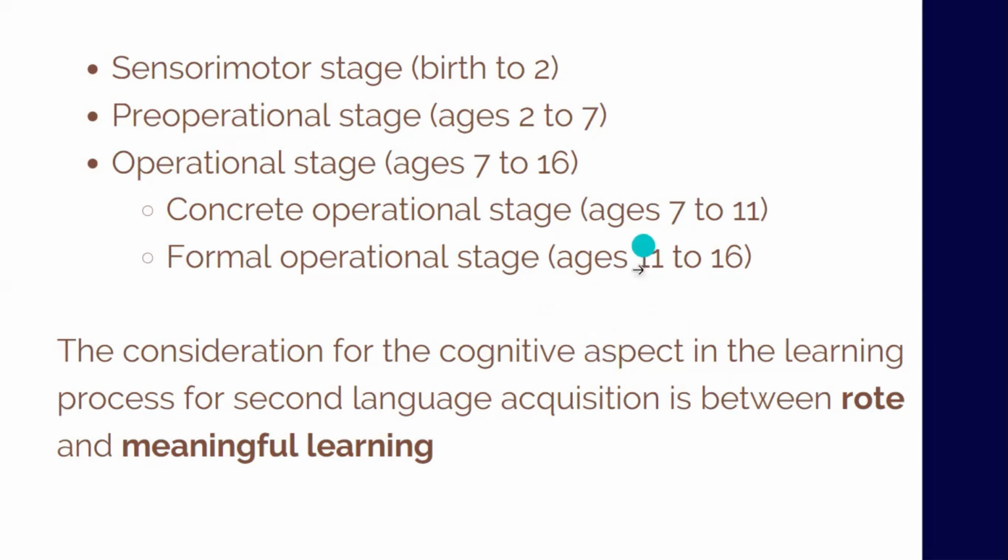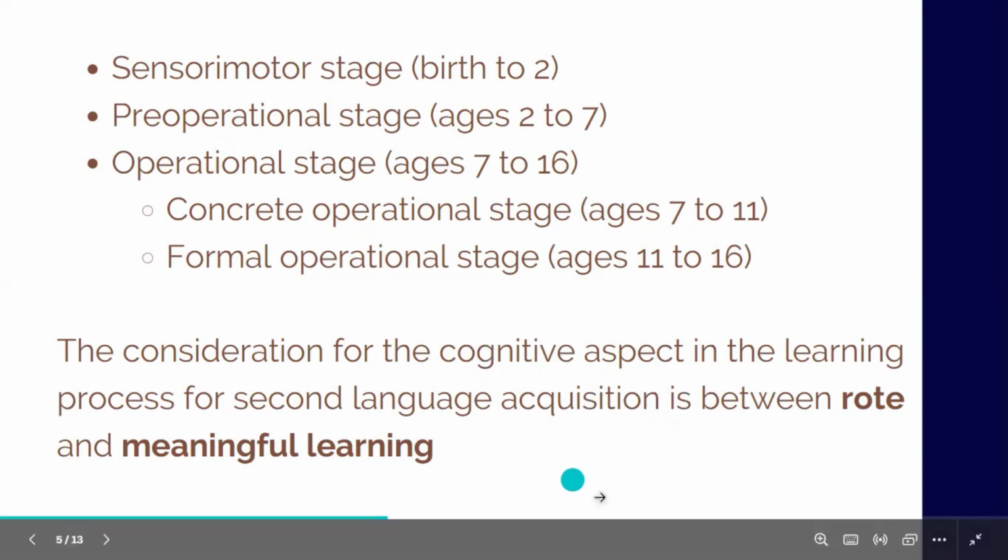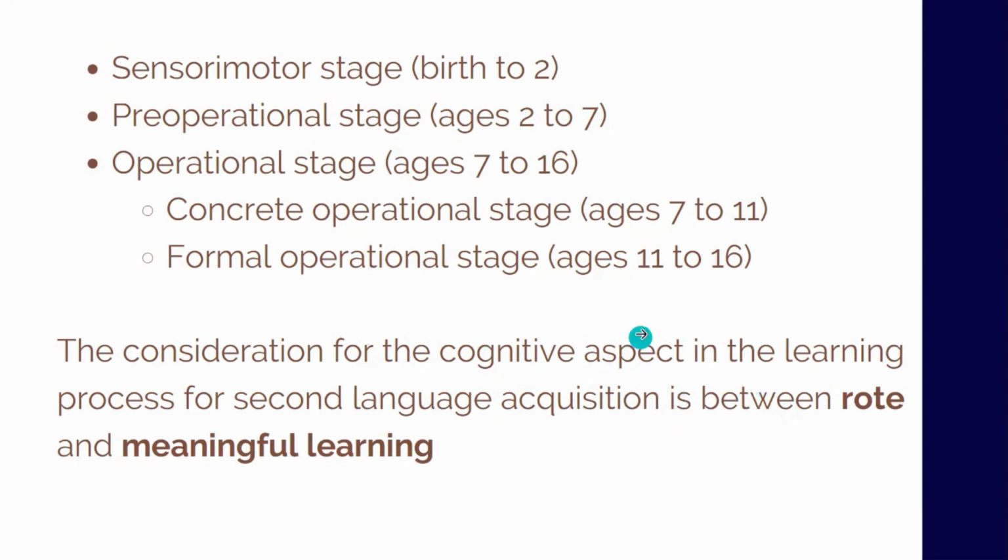And then the consideration for the cognitive aspect in the learning process for second language acquisition is between rote and meaningful learning. Rote learning is learning through memorization. The teacher would, for example, give a list of vocabulary to the students, and they are told to memorize the vocabulary, and it could be done with structures or grammar too.